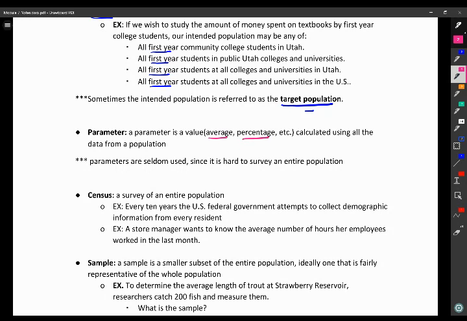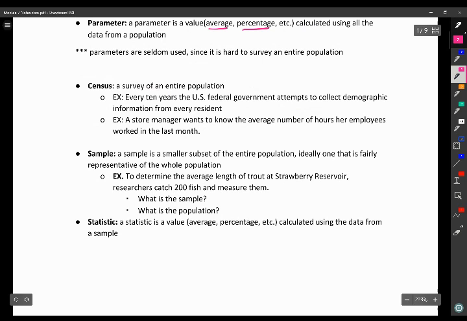So parameters, the idea is that it needs to represent the entire population. And so if we're talking about the entire population, parameters are not as accurate. We usually just look at a sample or a portion of a population and base our generalization off of that.